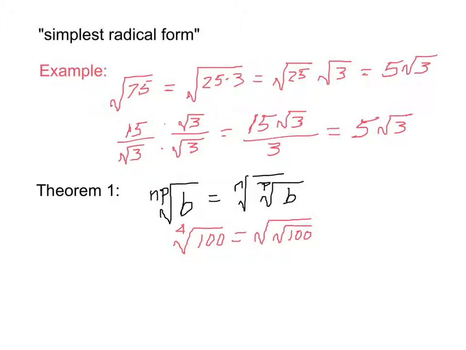Well, that inner radical, the square root of 100, is simply equal to 10. So this is equal to the square root of 10, which is simpler, and we can plug that into our calculator and get a numerical answer.